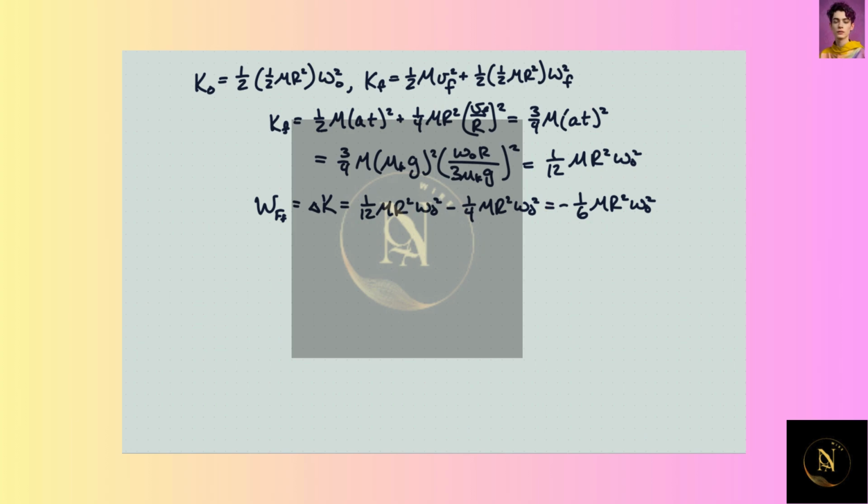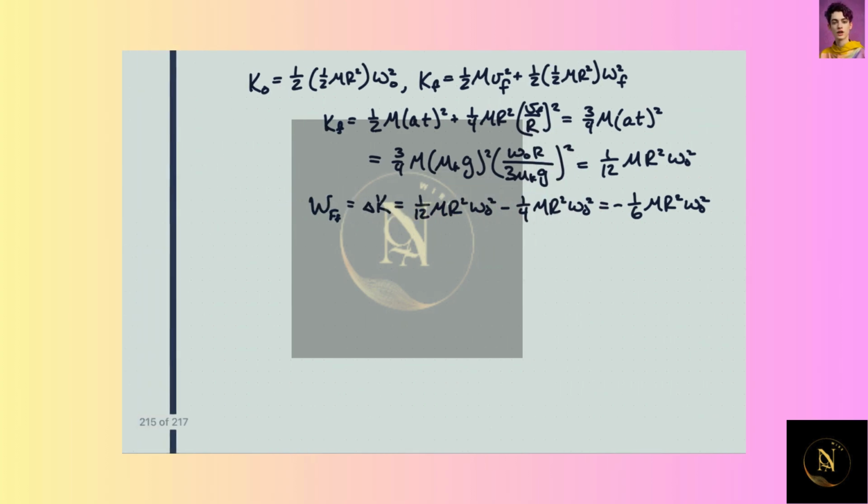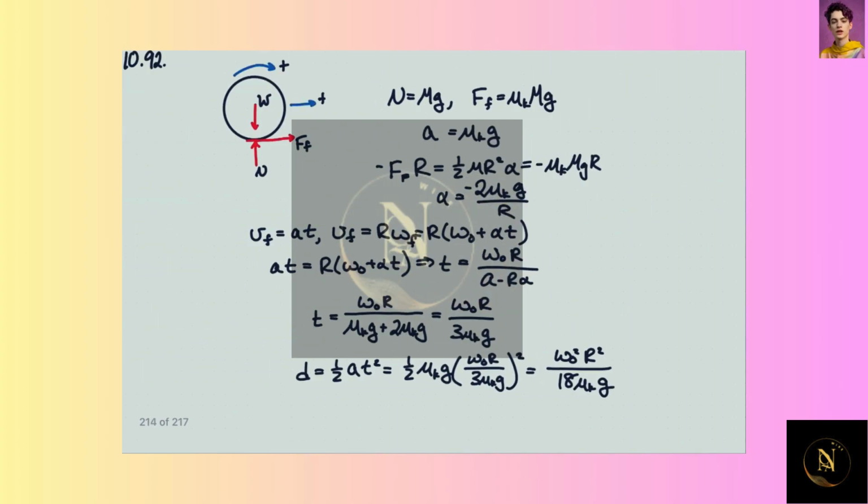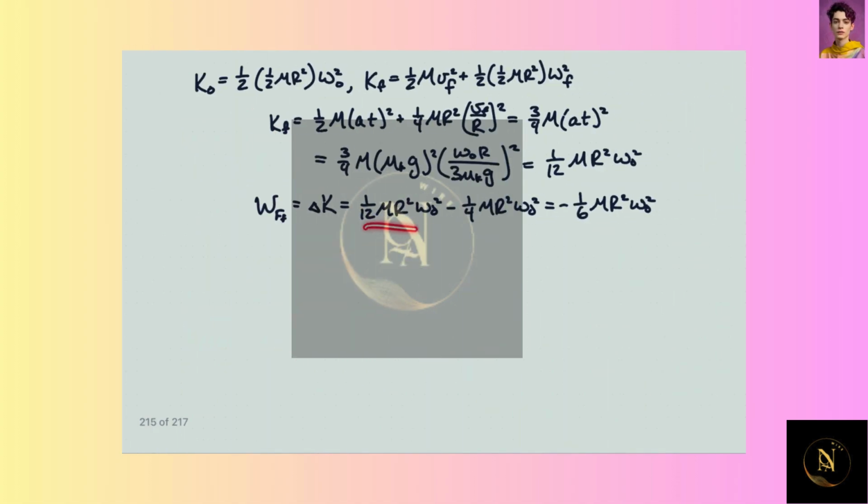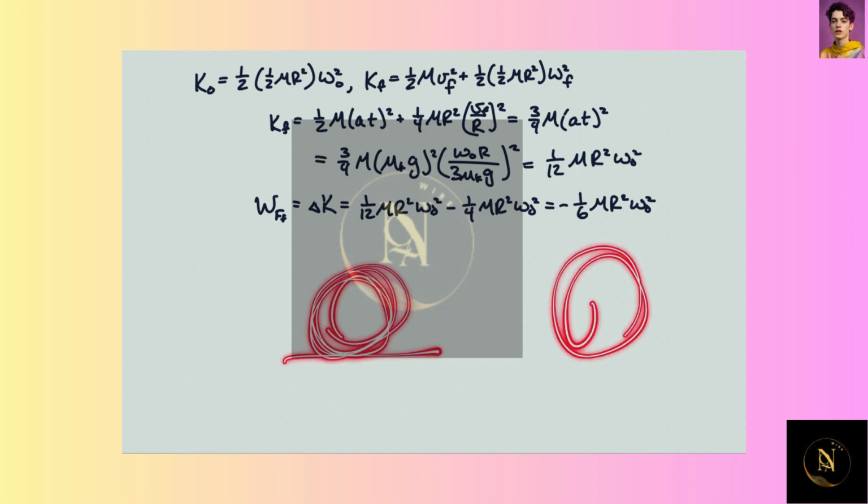And it's negative because we're doing work on the environment. The disk is doing work on the environment in getting this up to speed. So what you can see here is we've lost energy in going from this initial state where it's just spinning on the surface to where it's rolling without slipping.